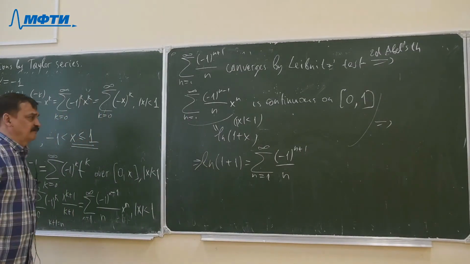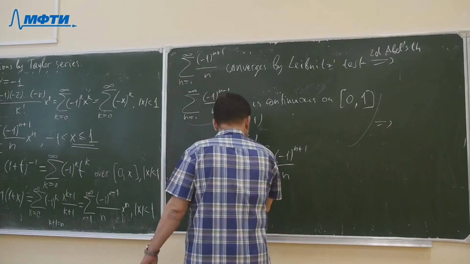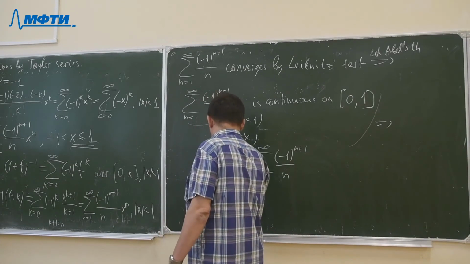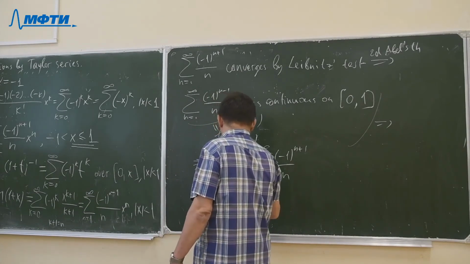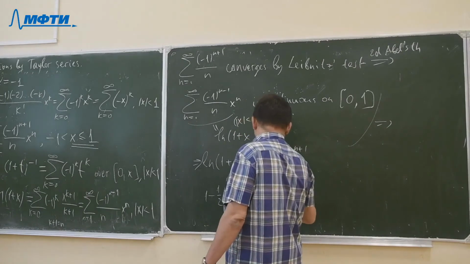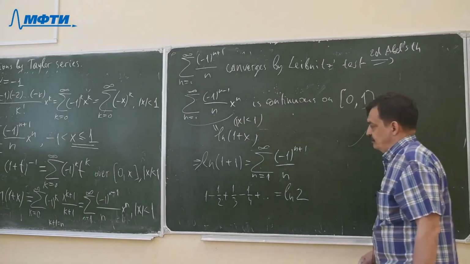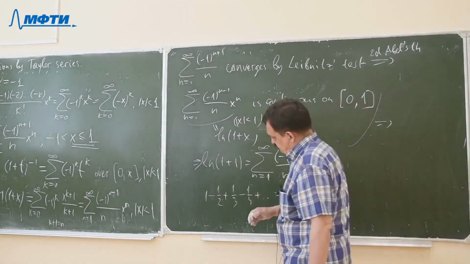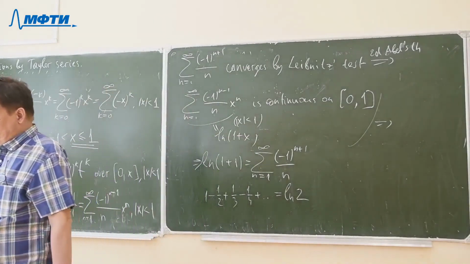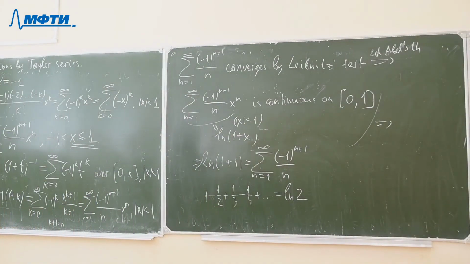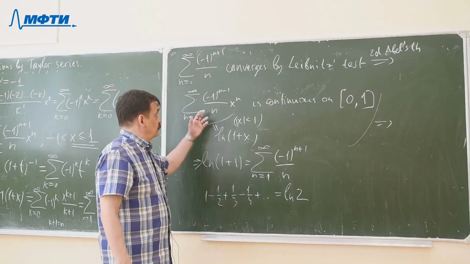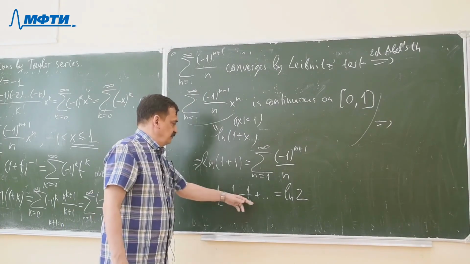So we have such a sum: 1 minus 1/2 plus 1/3 minus 1/4 and so on equals logarithm 2. By the way, as we know, this series converges conditionally.